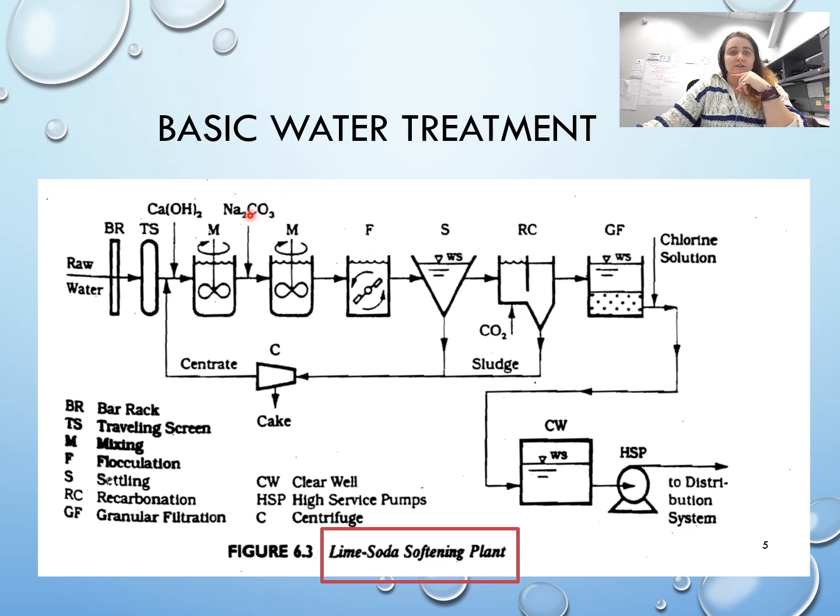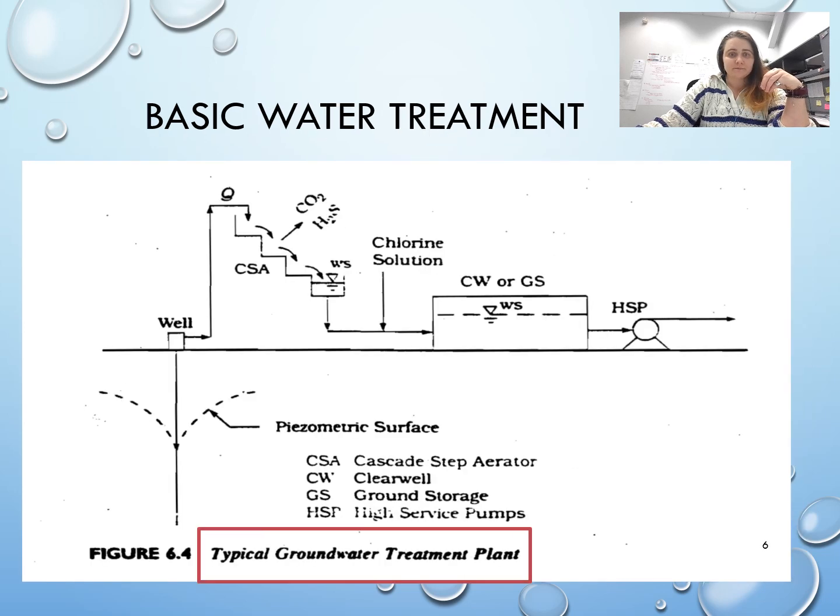And so we need to be able to add these softeners prior to going through treatment. And then you'll notice there's this new step where we add carbon back into the system because we've consumed carbon up front. So very similar design of a plant, but you see different treatment processes because there's different water quality concerns and there's different treatment goals.